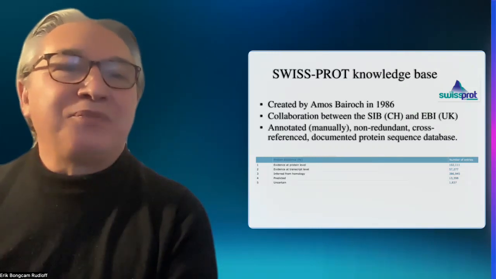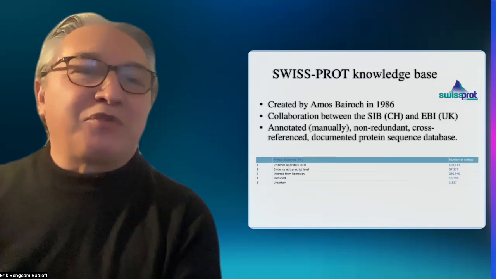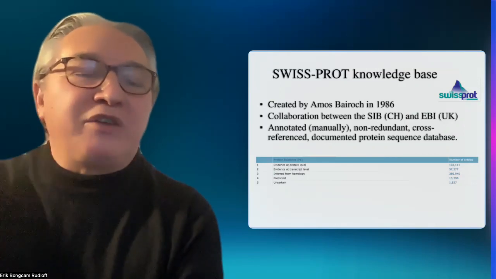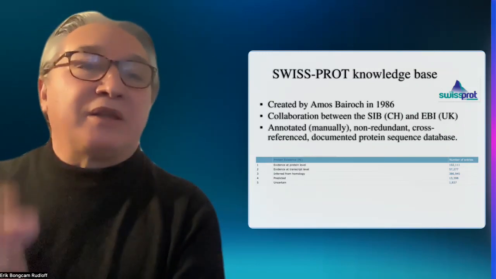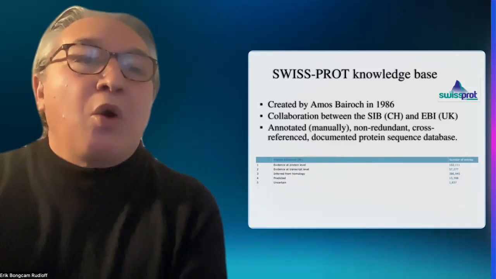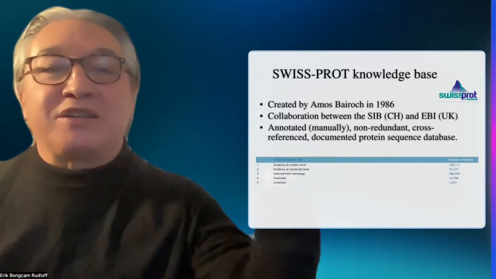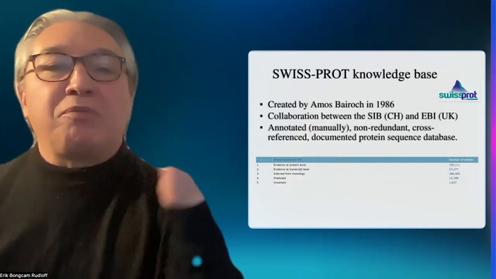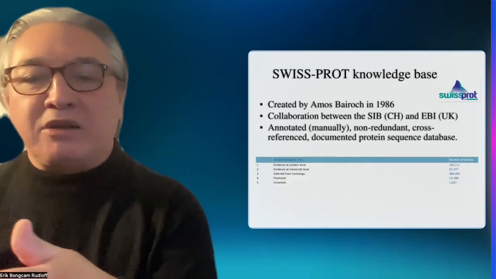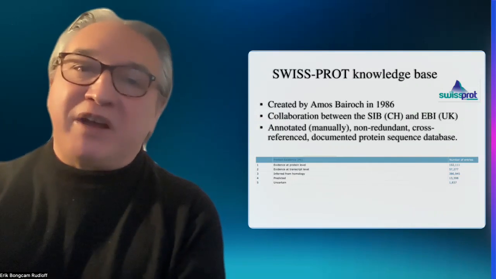That doesn't mean that there are 85 different genes. It's just that the sequences are coming from 85 different groups. And if there are small differences there, it may be that one of them is coming from a patient that does have a mutation, or that it was just an error in sequencing. So you see, that's the difference between a non-manually curated nucleotide database and a manually curated protein database. A very, very big difference.